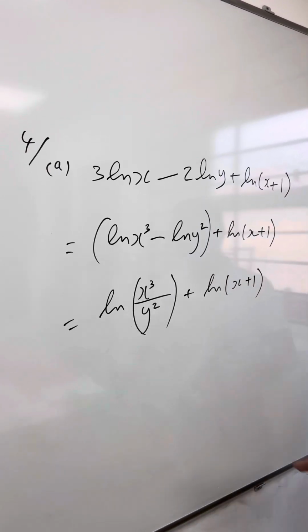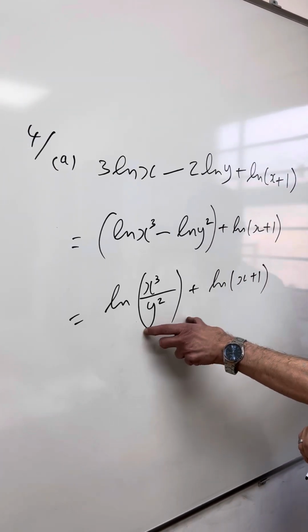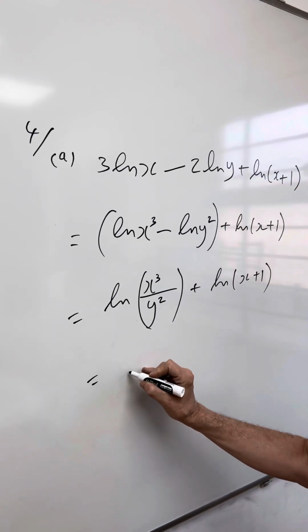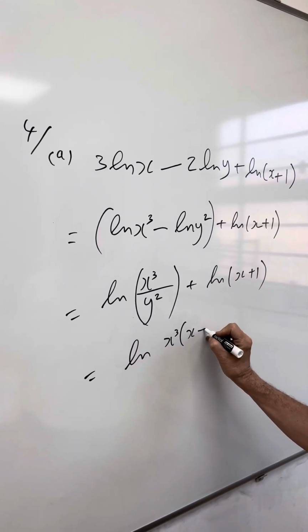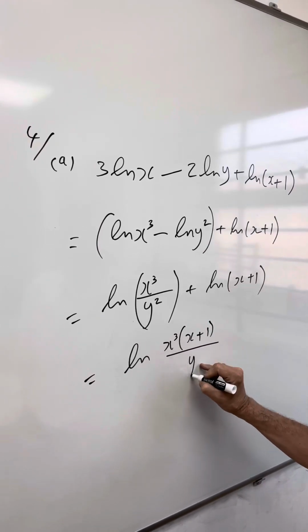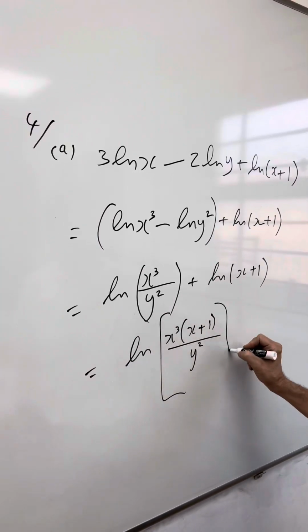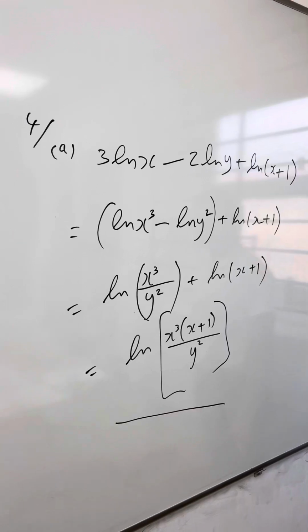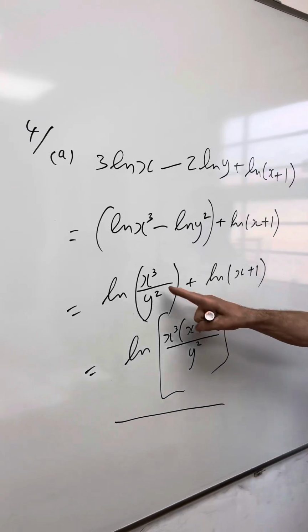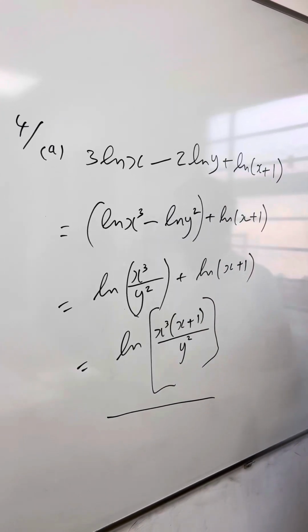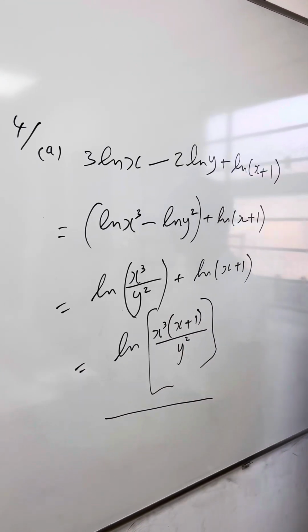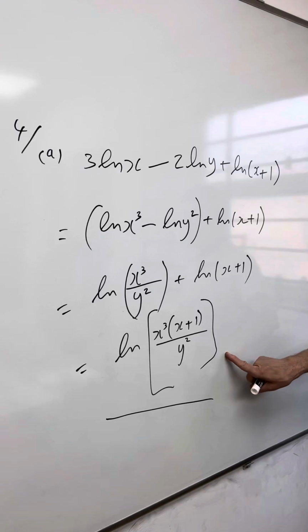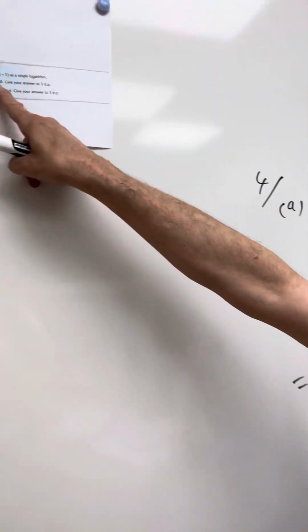And of course, remember the first result, that's a, that's b, so therefore we can say that's log of x cubed, brackets x plus 1, over y squared. So that will be the actual answer to question 4a. It'll be log of this whole expression in brackets, x cubed times x plus 1, divided by y squared. So that's the answer to the first question.